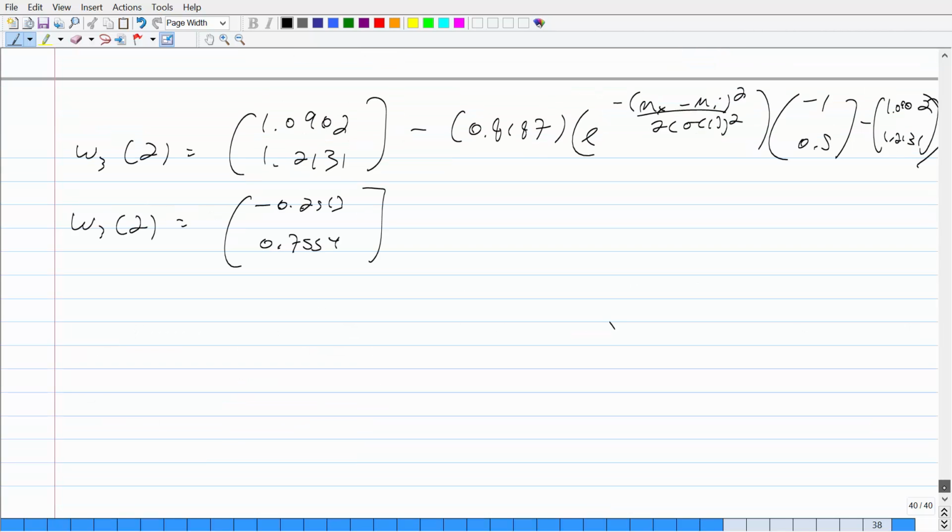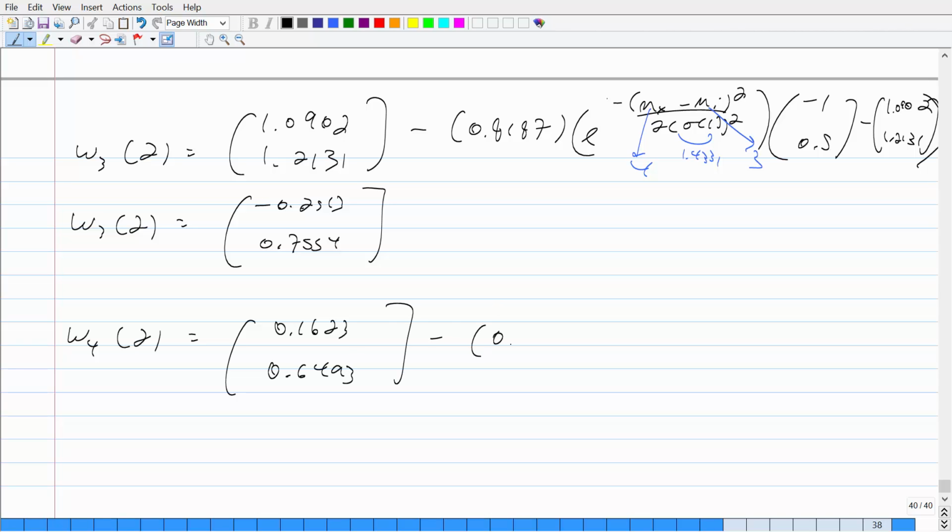All right, and then finally, this was 4, this is 3, this is 1.4331. And then finally, we have this one here. I'm just going to write this out. This is 0.1623, 0.6493 minus 0.8187.